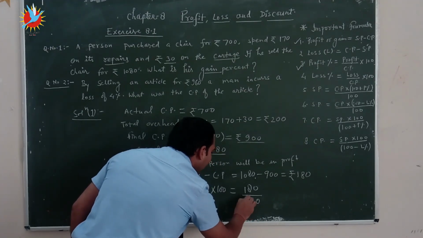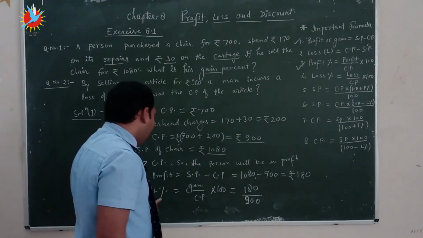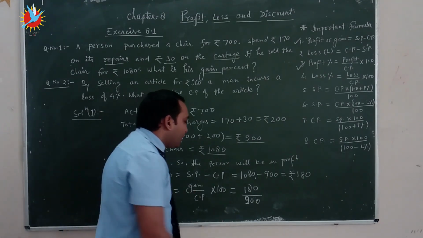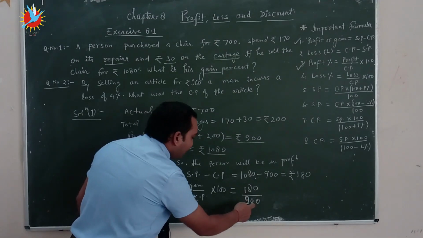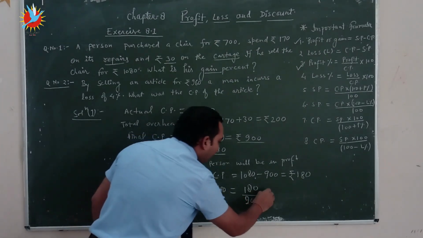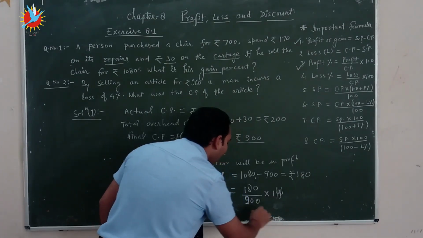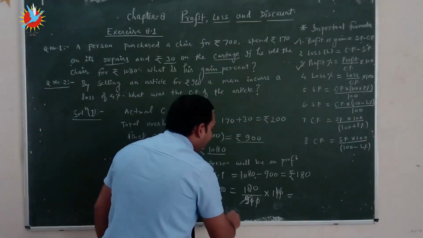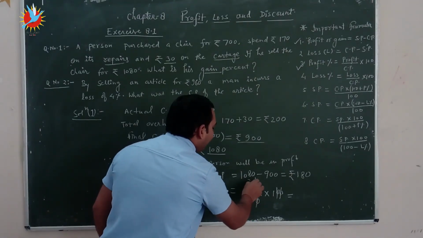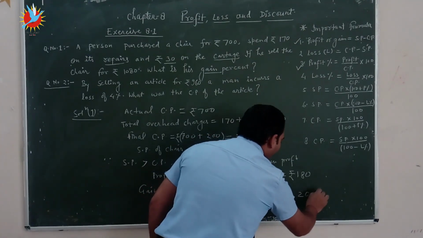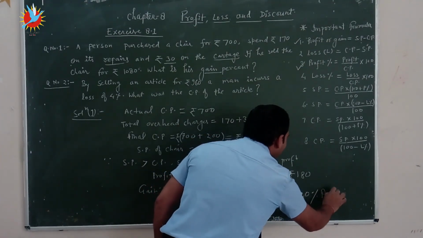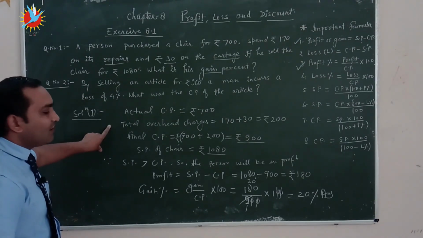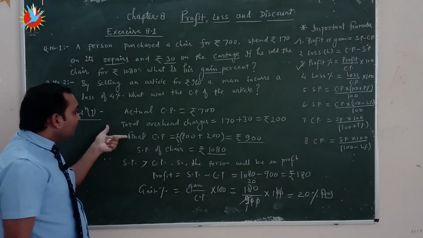Profit percent is equal to profit upon CP into 100, which is equal to 180 upon 900 into 100. So 20, 9 into 1 is 9, 9 into 2 is 18, 20%. So 20%. This is profit of the person for that chair.